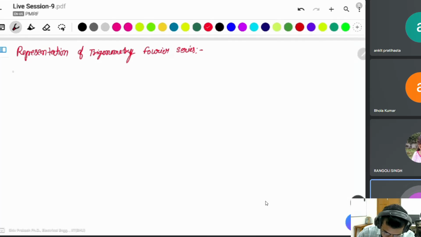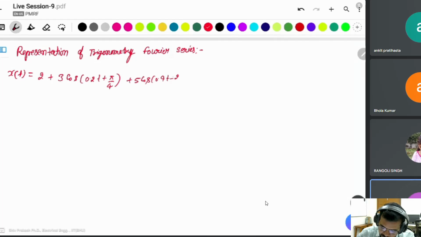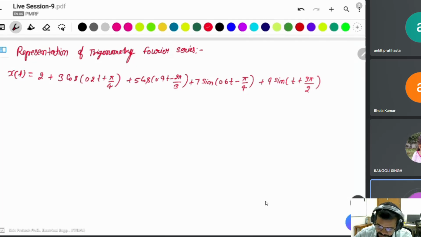Suppose, for example, you have a signal like 2 plus 3 cos(0.2t plus pi by 4) plus 5 cos(0.4t minus 2 pi by 3) plus 7 sin(0.6t minus pi by 4) plus 9 sin(t plus 3 pi by 2).